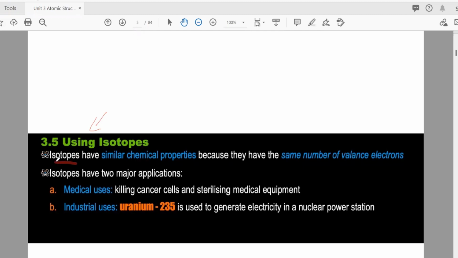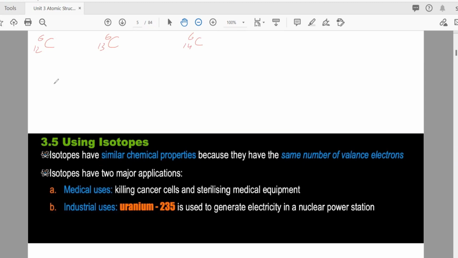Isotopes have similar chemical properties, as we discussed in the table. Why? They have the same number of valence electrons, the same number of electrons in the last shell. For example, we have discussed three isotopes: carbon 12, carbon 13, carbon 14.